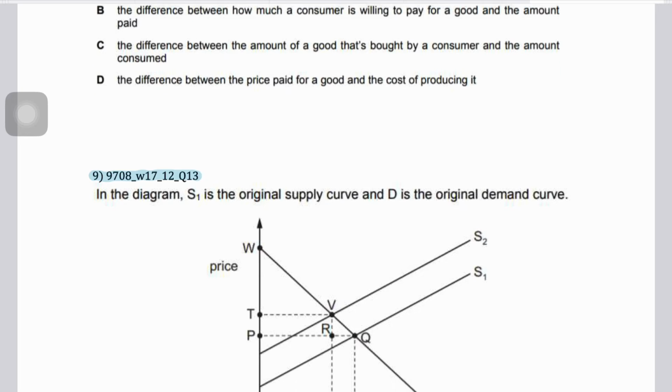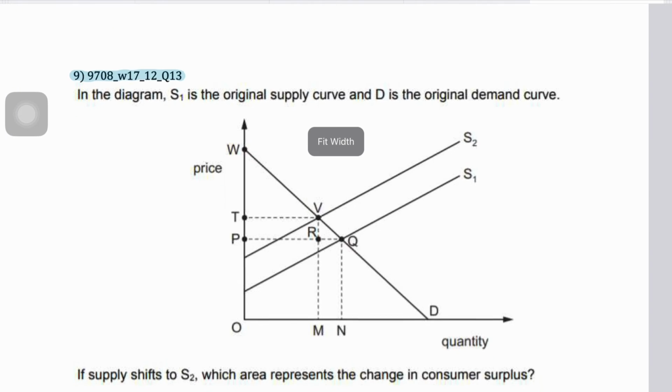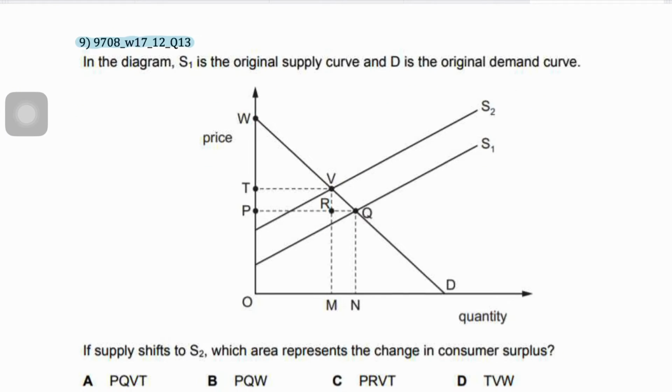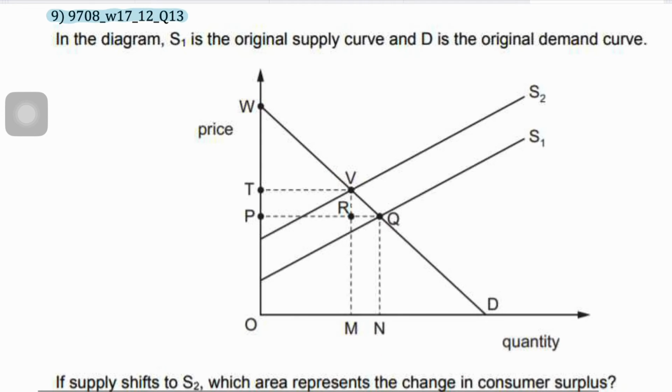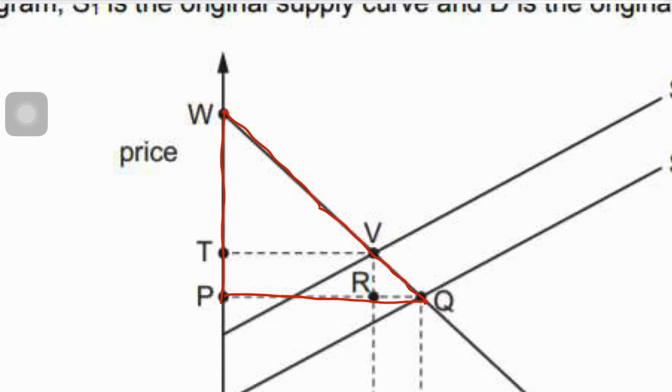Question 9 says in the diagram S1 is the original supply and demand. If the supply curve shifts to S2, which area represents a change in consumer surplus? The price is going up, so the consumer surplus has to fall. At a price of P, this big triangle was your consumer surplus. Now if the price rises, your consumer surplus is this triangle, triangle WTV.